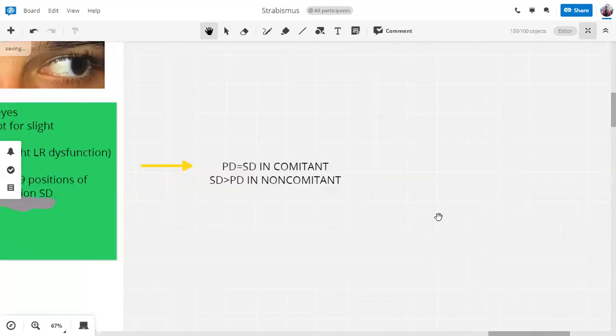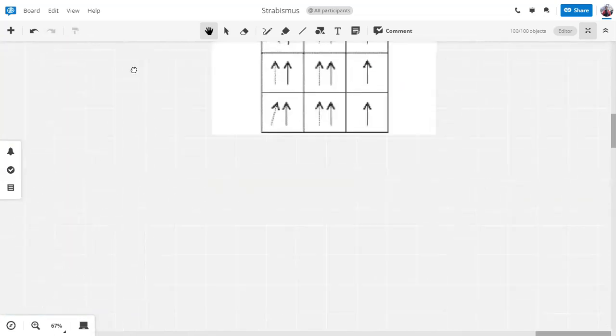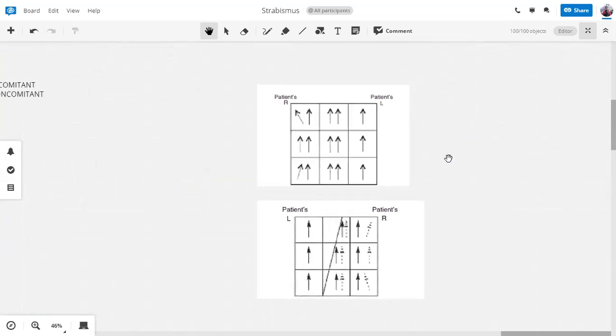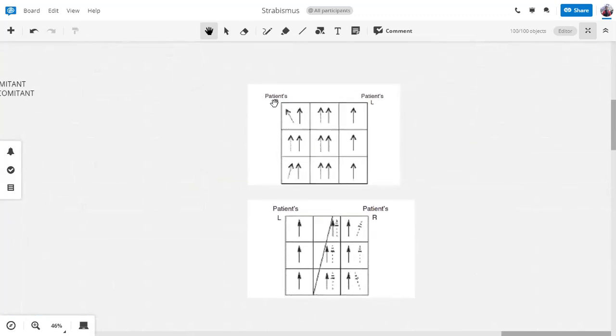So let's say that this is a diplopia chart of the patient. This is the patient's right side in this picture. And this is the patient's right side in this picture.